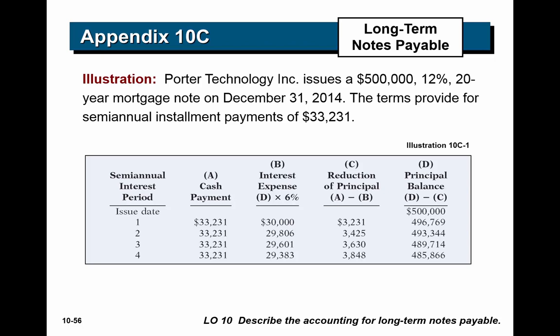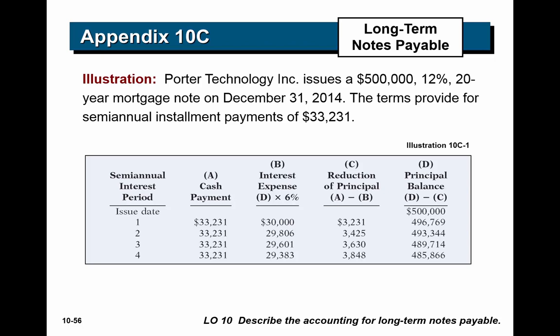So you take the principal balance times 6%, that gives you $30,000 interest expense, and then the difference between the amount paid and the amount that was interest expense is the amount of the principal reduction. So for that first period, it's $3,231, and then the new principal balance will be the old principal balance minus any principal reduction.